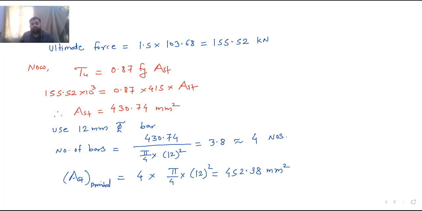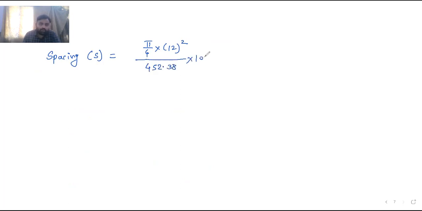As we have considered the 1 meter height already, so we will calculate the spacing. So the spacing S is equal to area of single bar divided by AST provided into 1000, which is equal to. So now we will calculate the spacing.